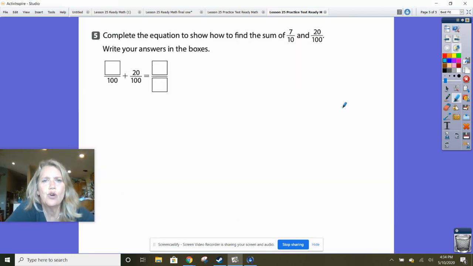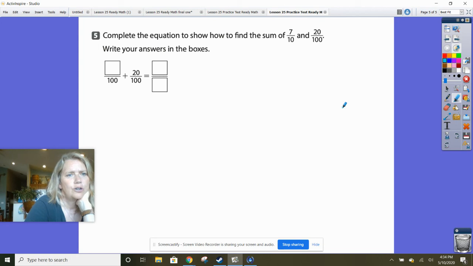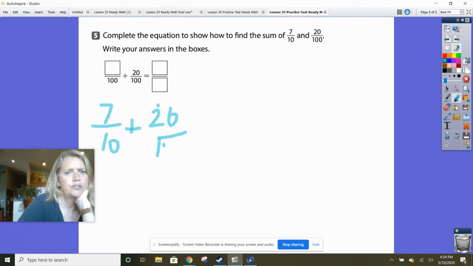Okay, last one. Complete the equation to show how to find the sum of 7/10 plus 20/100ths.